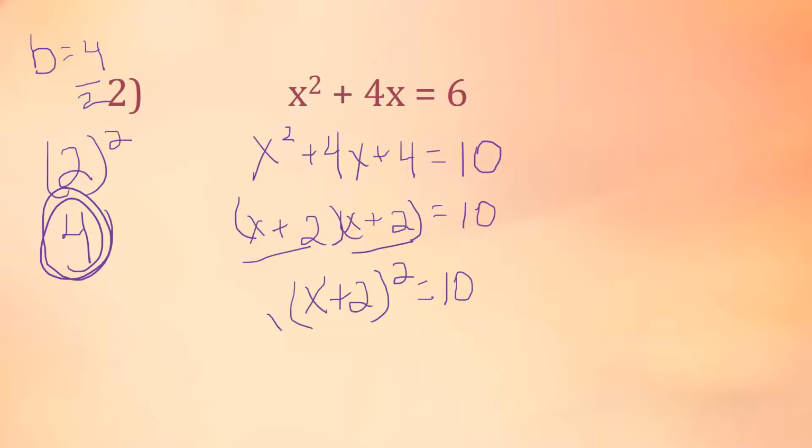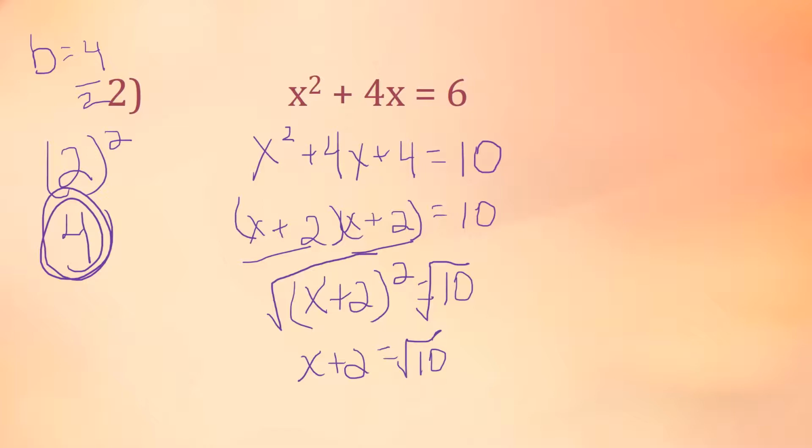Now I'm going to take the square root of both sides, and I get x plus 2 equals plus or minus whatever the square root of 10 is. So I'm actually going to leave it as a square root of 10 until I separate them.